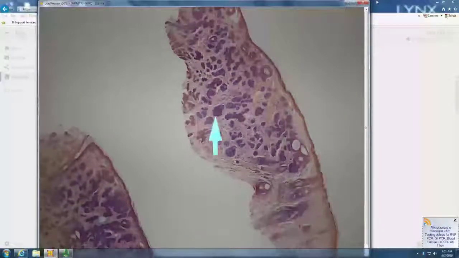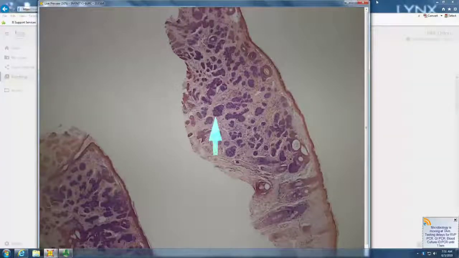Anastomosing pink strands, blue buds is Pinkus. Right. Radiating outward, pink strands, blue buds with horn cysts, infundibulocystic BCC. Okay. And then basaloid follicular hamartoma can look identical.